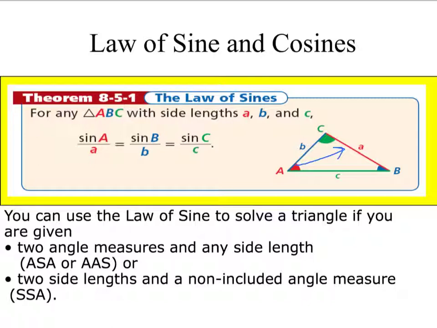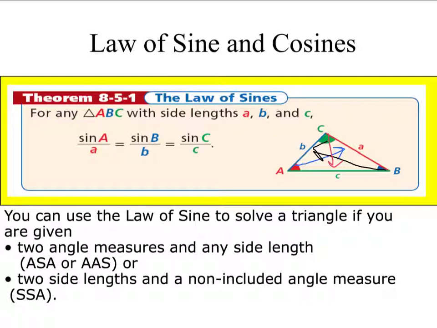Side a is opposite my angle A. Same thing with B. Side b is opposite angle B, and side c is opposite angle C. So all you do is you take the angle that you know and you put it over its opposite side, set it equal to another one over its opposite side. You're going to be using proportions, so get used to that.